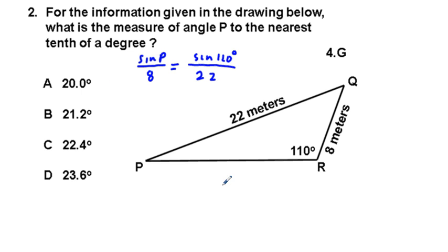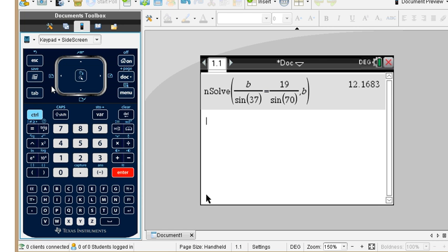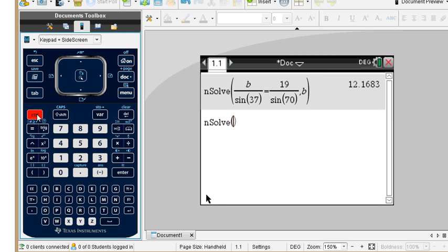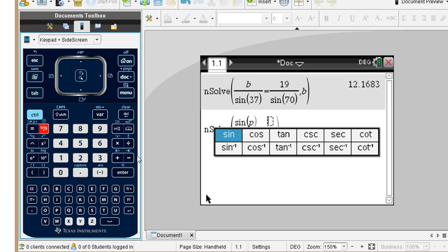So again, to our calculator we go, menu 3-1, and we get the sine of P over 8 is equal to the sine of 110 degrees over 22.